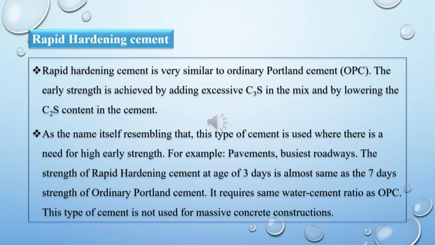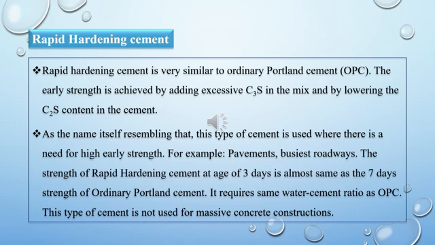Content in the cement. So students, in this point he just said that rapid hardening cement is similar to the OPC, ordinary Portland cement. If you increase the C3S tricalcium silicate content and lower the C2S dicalcium silicate content, then rapid hardening cement is formed.